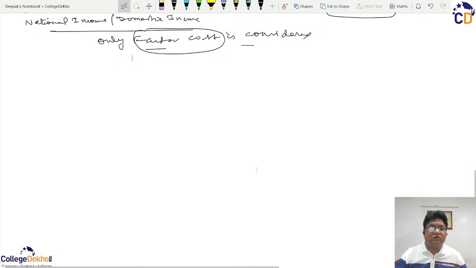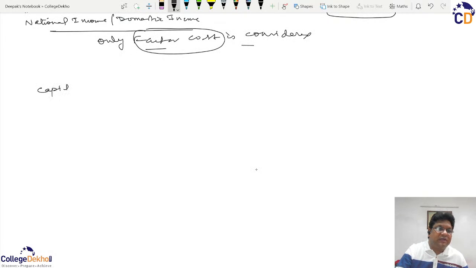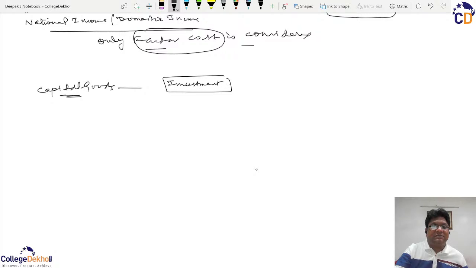Further, when we talked about the final goods, which were capital goods and the consumer goods, this capital goods basically denoted the investment. And this investment, as discussed earlier, was either gross investment, or when we deduct depreciation from such gross value, then we arrive at the figure of net investment.